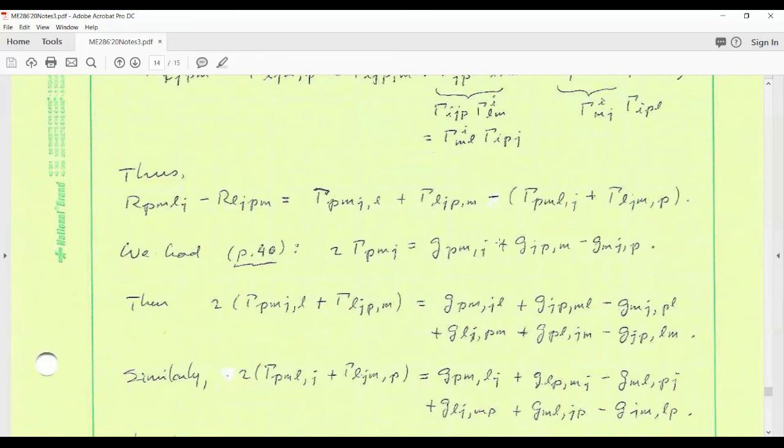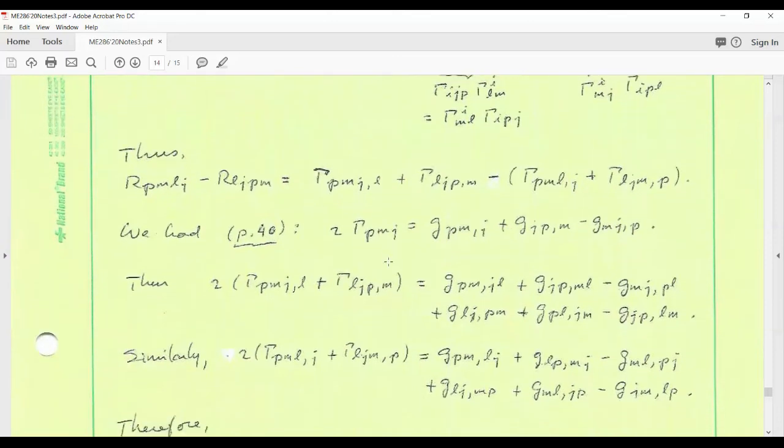That's just the index lowered version of the Levi-Civita connection. If you look back at equation 2, I think we called it in today's lecture. Again, it's symmetric in MJ because this is obviously symmetric in MJ. This is the same as G, PJ comma M. And this is G PM comma J, PJ comma M. This combination is symmetric in M and J. This is symmetric in M and J. So these steps pertain to a symmetric connection, Levi-Civita.